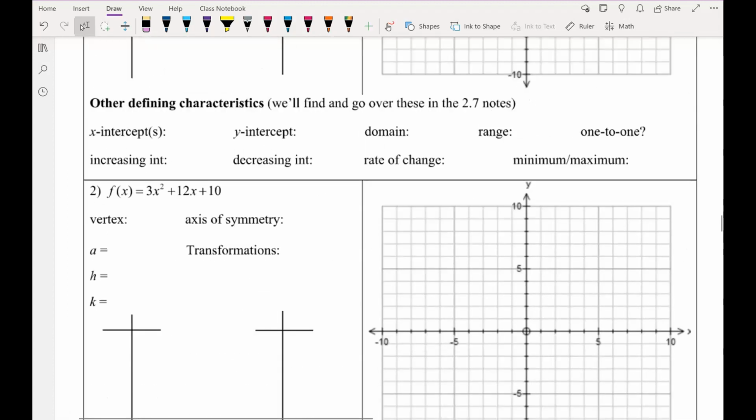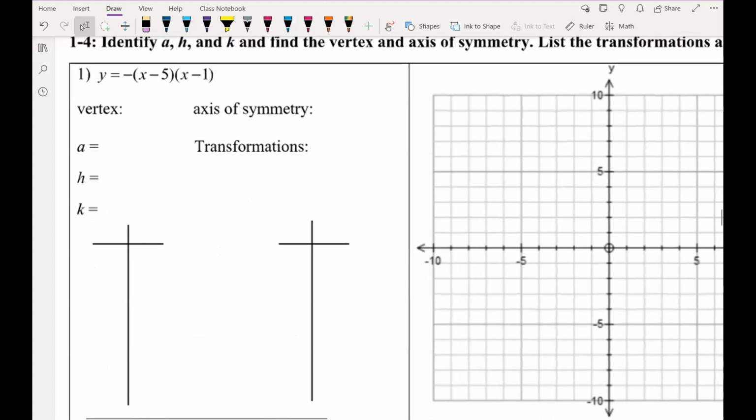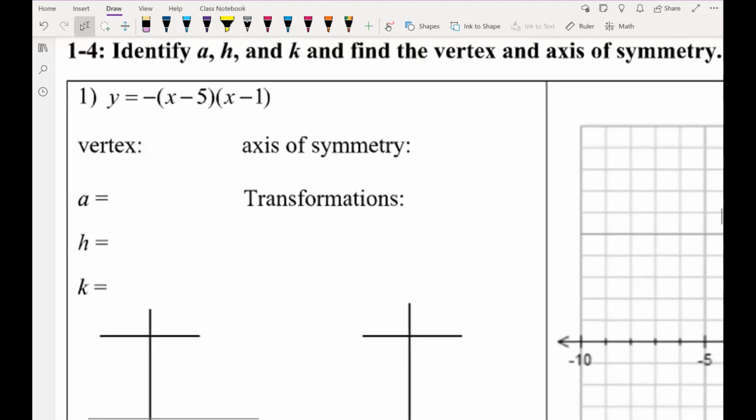So today we are practicing the other two forms. Number 1: y equals negative, open parentheses, x minus 5, times x minus 1. Out of the three forms, which form is this? Yeah, the intercept form.